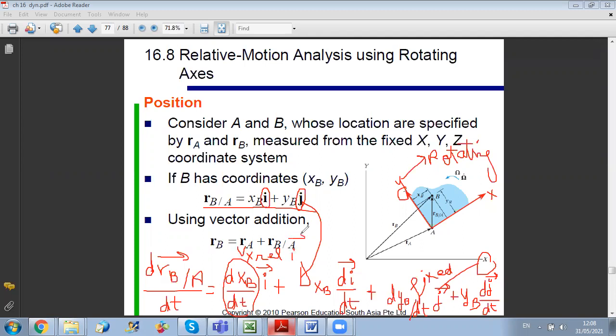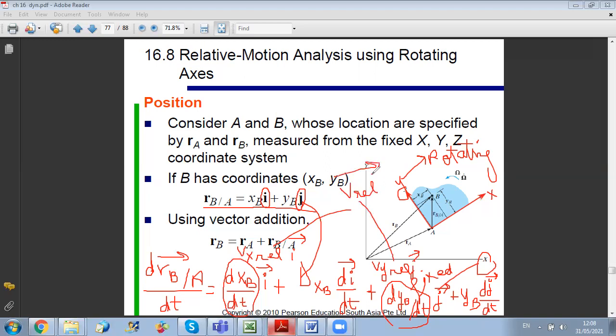And dyB by dt represents Vy relative, along j. So if you do the summation of these two vectors, Vx relative i plus Vy relative j, these two terms will give you the V relative vector, the relative velocity measured in the rotating frame.